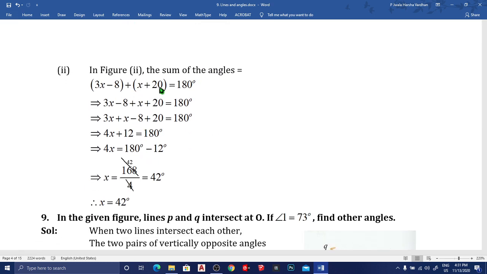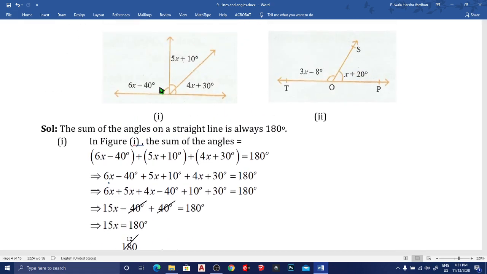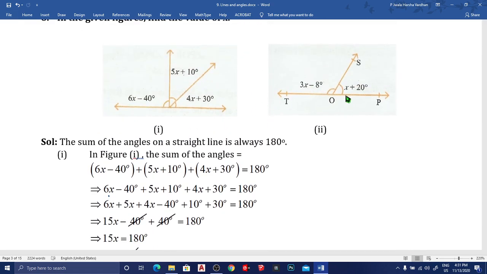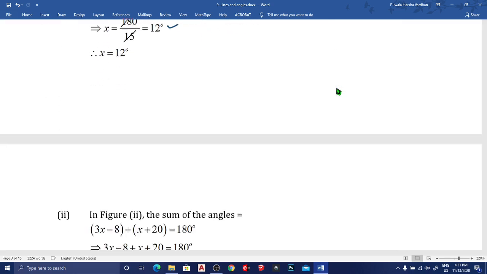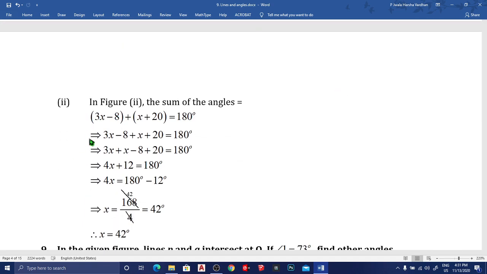So see the second problem also here. Here also the sum of the angles 3x minus 8 plus x plus 20 will be 180 degrees. So I am writing here 3x minus 8 plus x plus 20 is equal to 180. Removing the brackets and writing all the variables together and constants together, including the sign: 3x plus x, minus 8 plus 20.